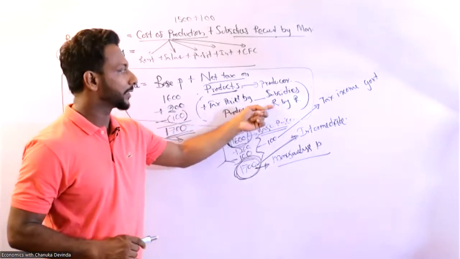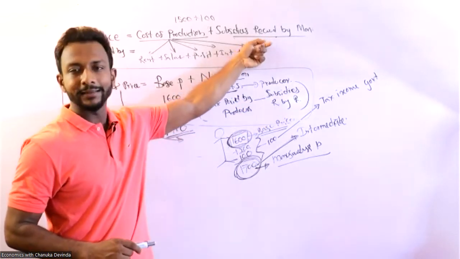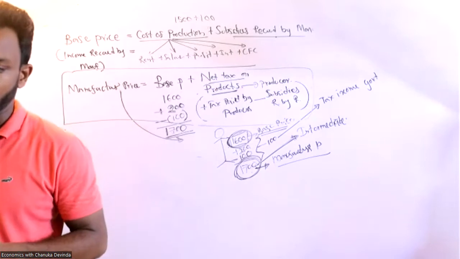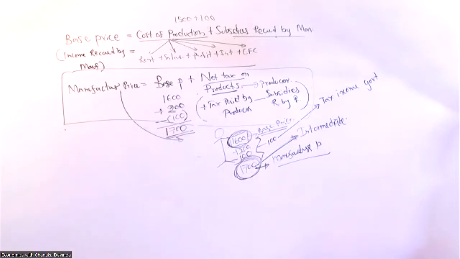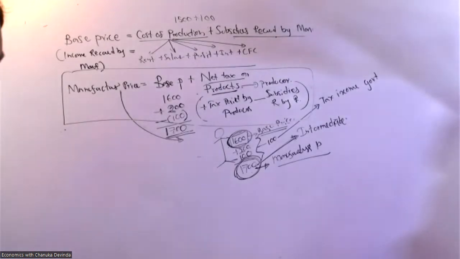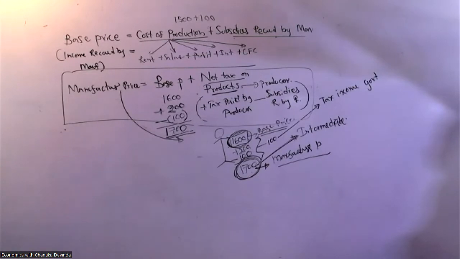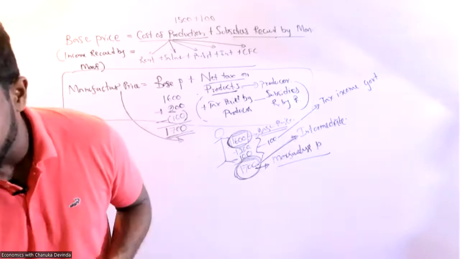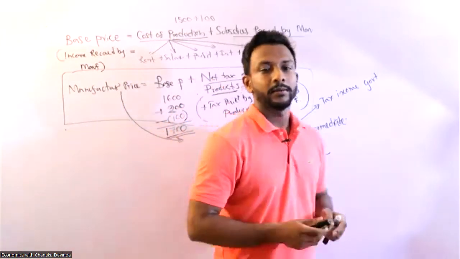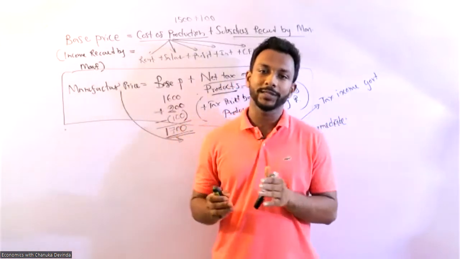Subsidies need to be deducted because it was in the base price, right? So you can write down.